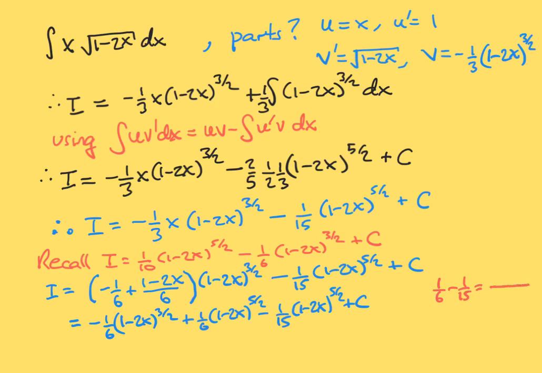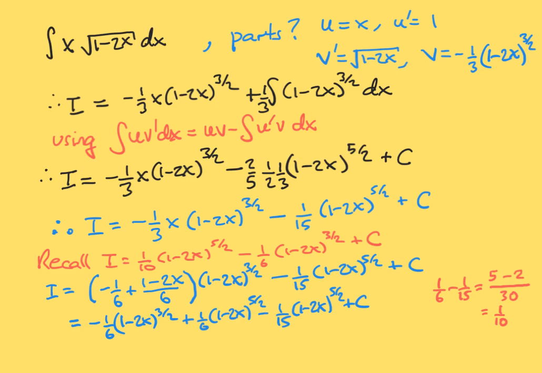common denominator, this is 3 times 2, this is 5 times 3, so it's 3 times 2 times 5, so it's over 30. 1/6 is 5 over 30, minus a 15th is 2 over 30, so we get 3 over 30, and that is 1 over 10.